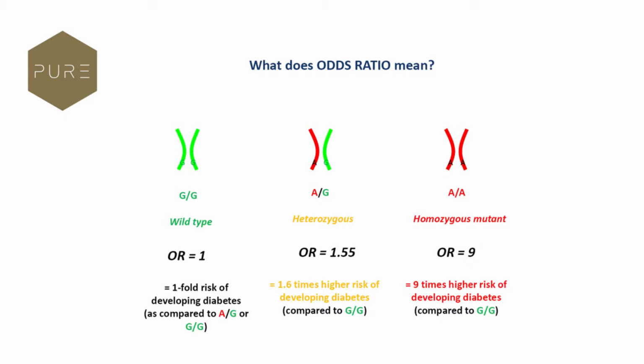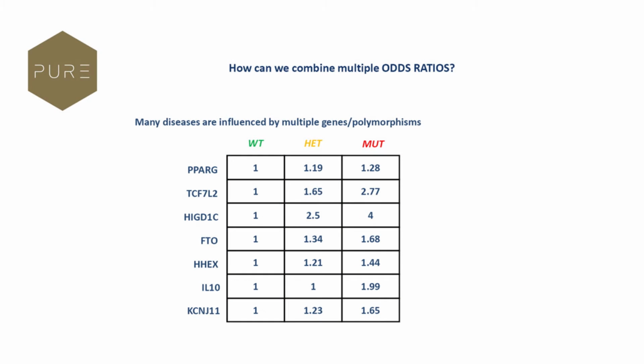Now, very simple to do for an individual gene. One gene has a variation, higher risk, you have a higher risk. However, there are also polygenic disorders, which means lots of genes influence the development, and diabetes is such an example. There are a number of genetic variations, 7 in this example, that can increase the risk of developing the disease.